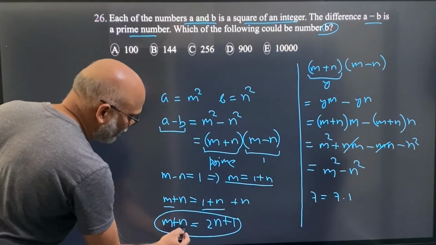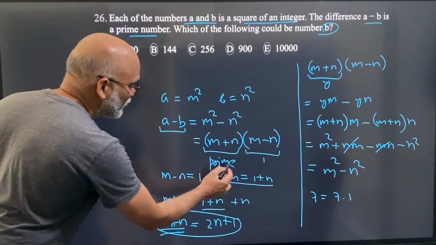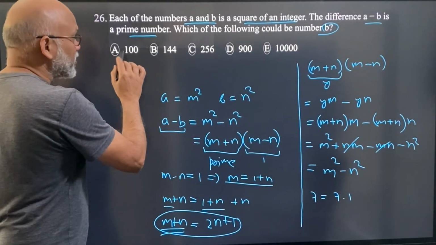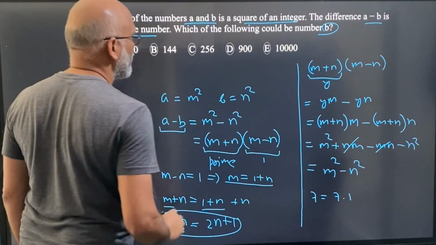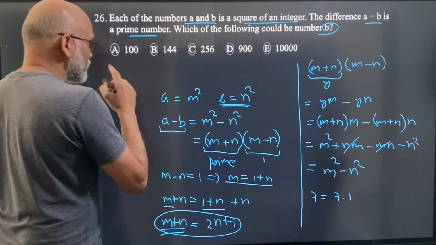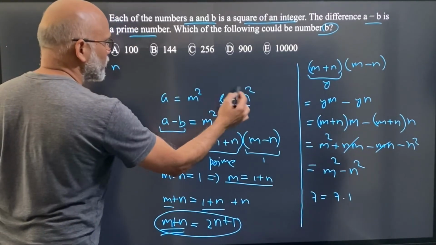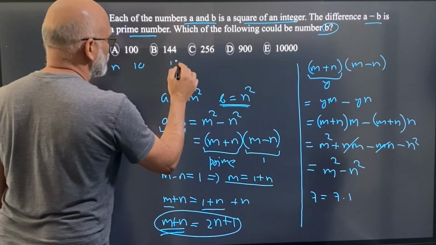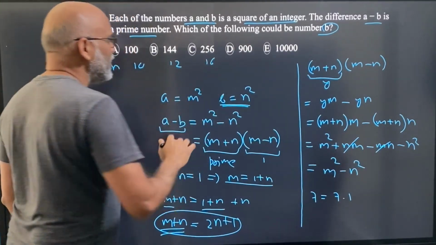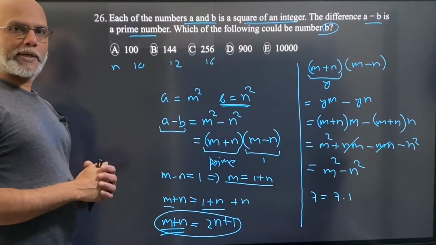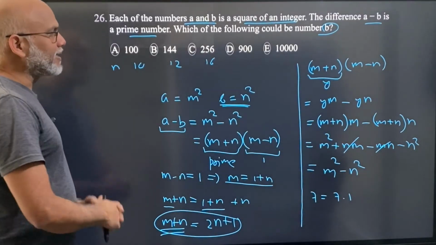However, m plus n has to be a prime number, right? So these are the given choices for b, and I know that b is equal to n square. That's what I have assumed. So what is n? N is going to be the square root of b. Square root of 100 is 10. Here it is 12, 16. I assume that at this stage you know how to calculate the square root of a perfect square, so I will not go into the details of that.